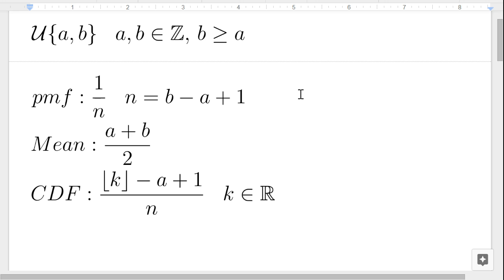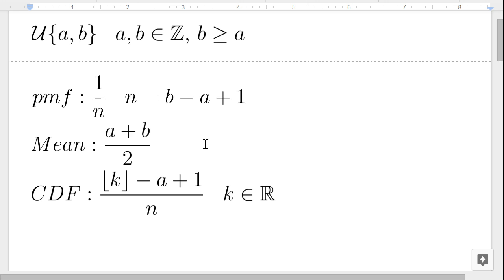And if you want to know the mean or the expected value of when you take a sample from the distribution, which means basically when you roll a die, it's going to be the sum of the two endpoints divided by 2.